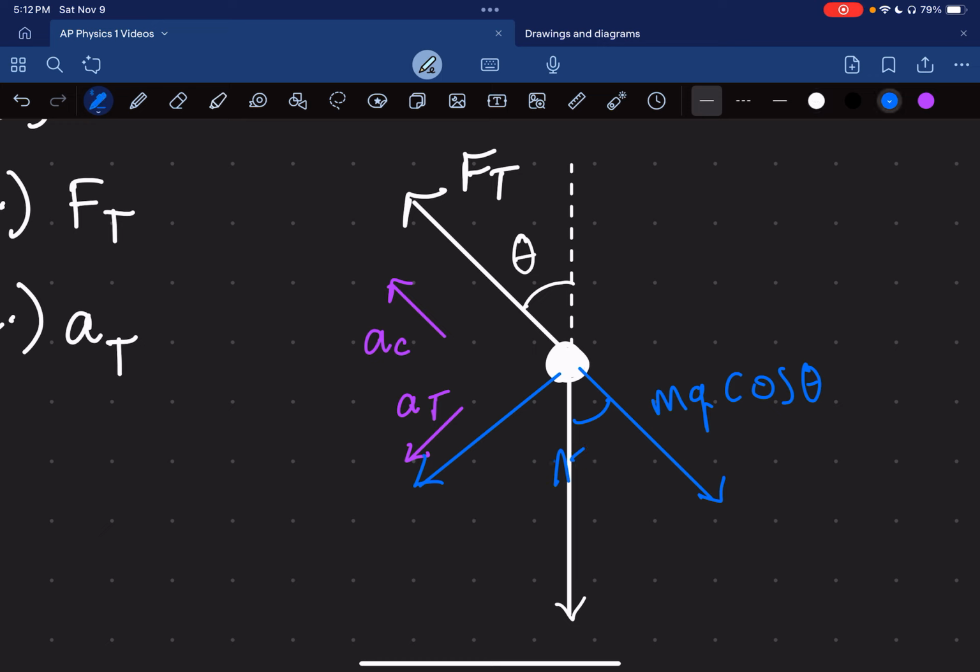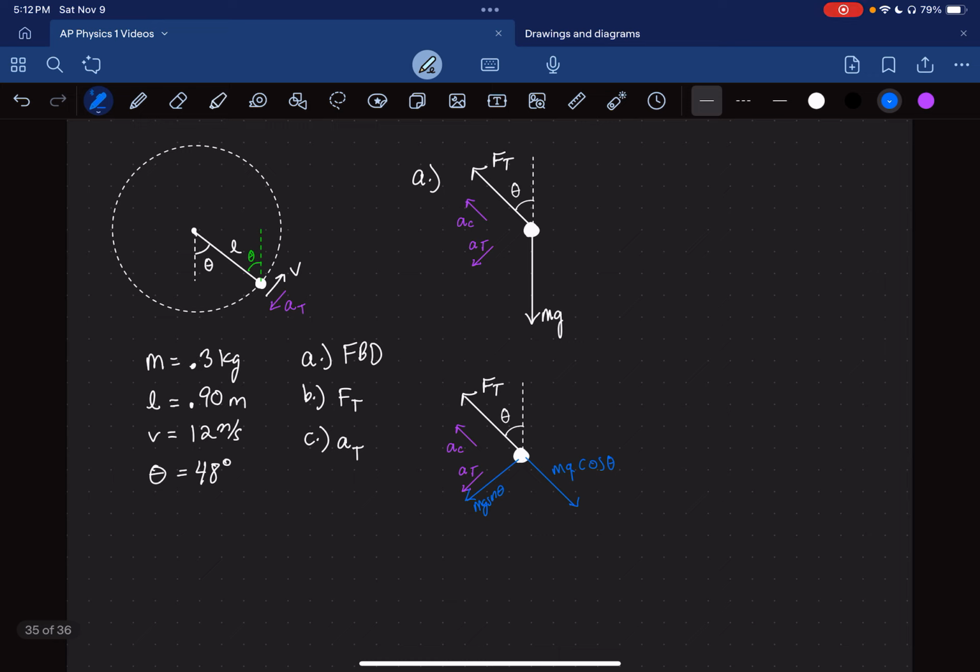Now, because I've broken it up into components, I really need to get rid of this, but I just wanted to illustrate where that came from. These are the components of the gravitational force. Cool, so now one of the components is in the direction of the tangential acceleration, and mg cosine theta is with the centripetal acceleration here.